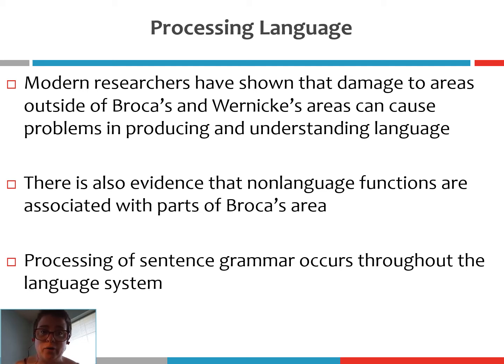So for example, recent experiments have shown that whenever we grasp or manipulate something with our hands, this area of the frontal lobe is also activated. And also, if you show participants kind of ambiguous hand shapes that kind of look like animals, almost like shadow puppets, right? This area of the frontal lobe, Broca's area, is activated.